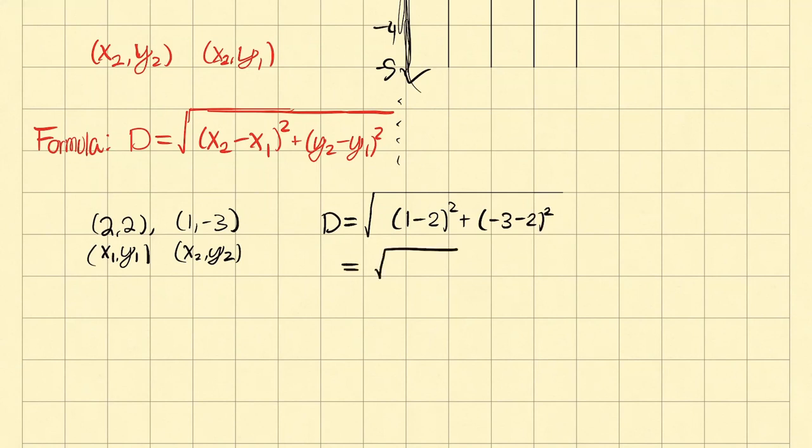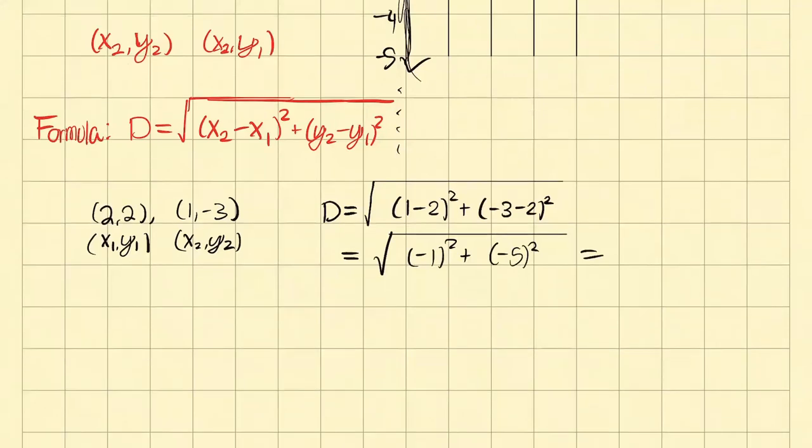So 1 minus 2 is going to be minus 1 squared, and minus 3 minus 2 is going to be minus 5 squared.